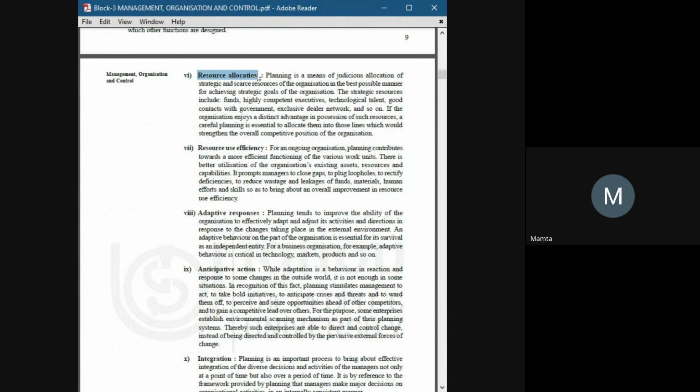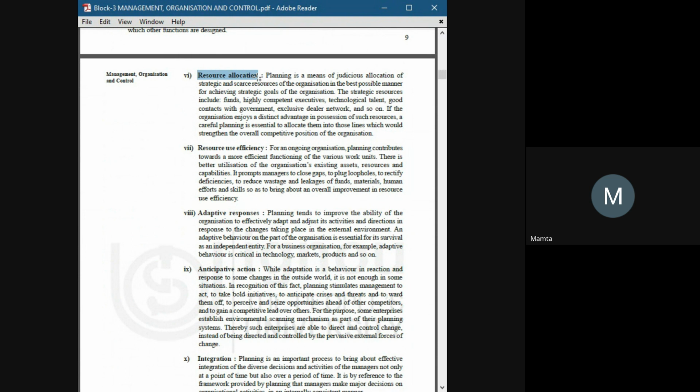So planning means a judicious allocation of strategic and scarce resources of the organization in the best possible manner for achieving strategic goals of the organization. The strategic resources include funds, highly competent executives, technological talent, good contact with government, exclusive dealer network, and so on.